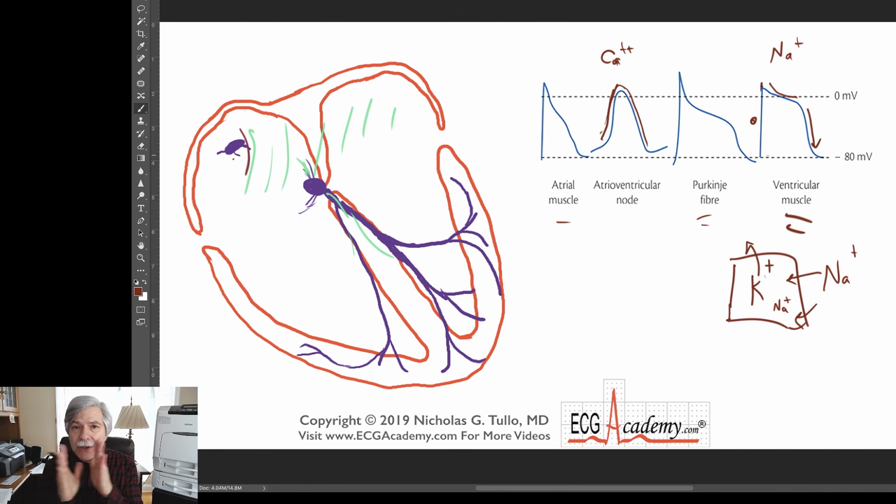Okay, the action potential shortens and the refractory period shortens, and so sodium dependent tissues are able to conduct more rapidly. Not in terms of velocity, but in terms of how many beats per minute they can comfortably conduct. On the other hand, calcium-dependent tissues like the AV node and the sinus node, the faster you stimulate them, the worse they conduct.